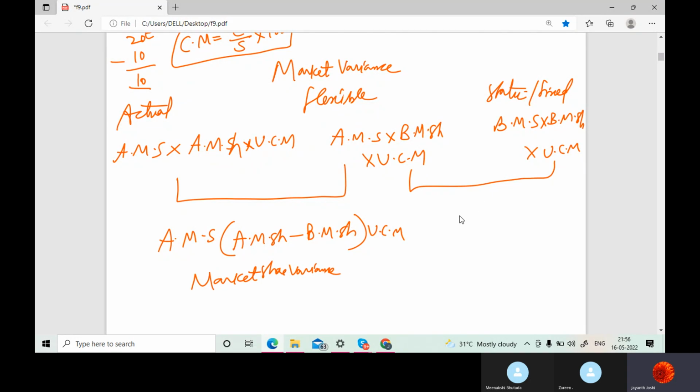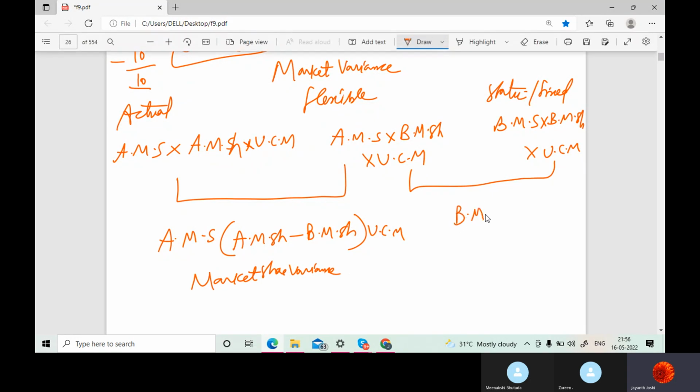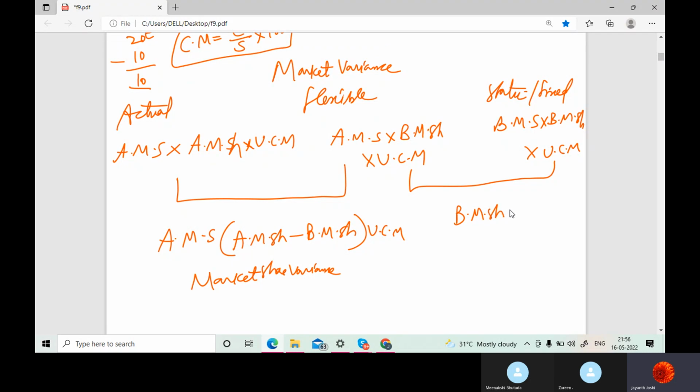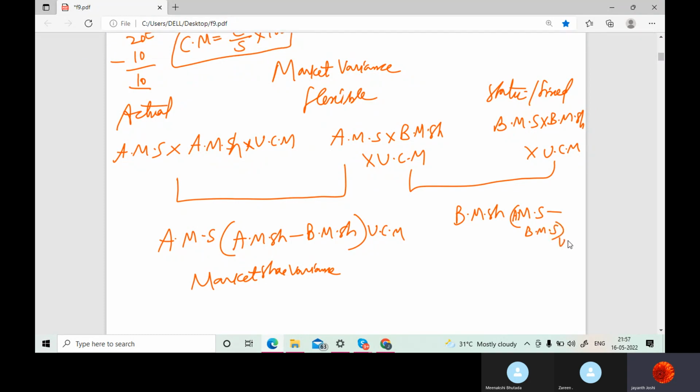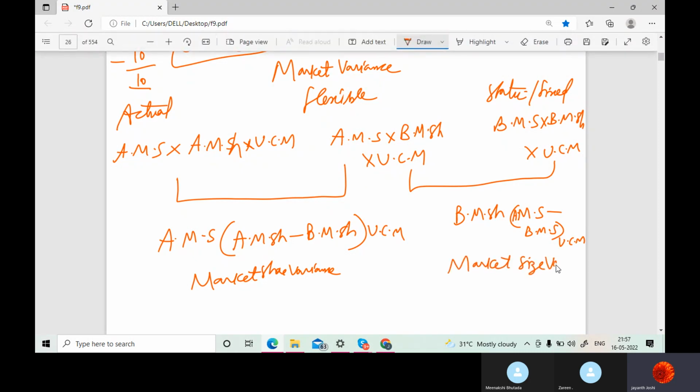See, with a chart things become very simple. Budgeted market share is common here. Actual market size minus budgeted market size into unit contribution margin gives you market size variance.